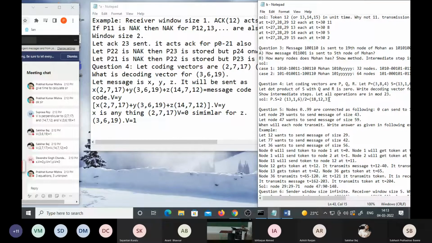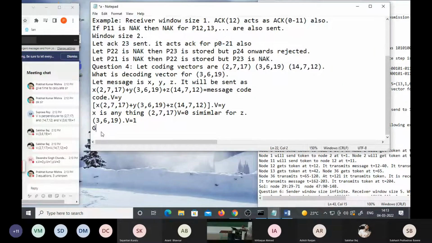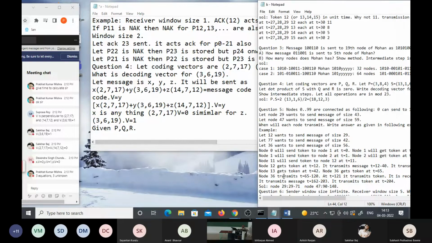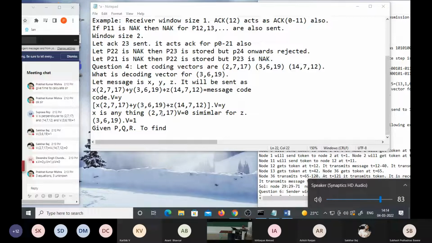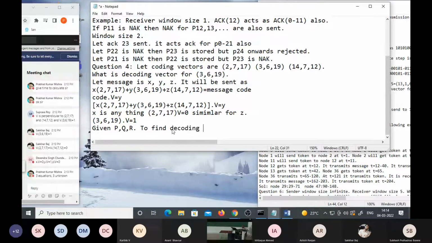We are given P, Q, and R. To find the decoding vector of P, let S be a decoding vector of P.